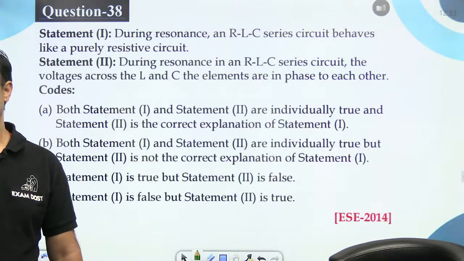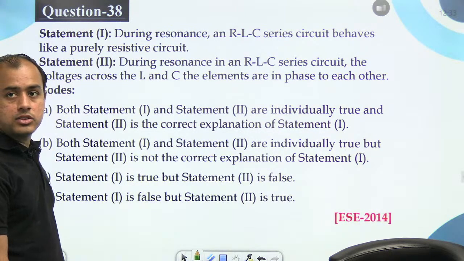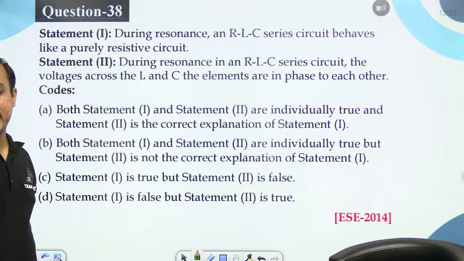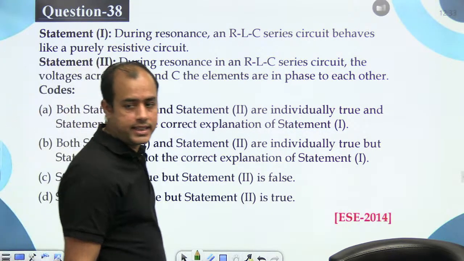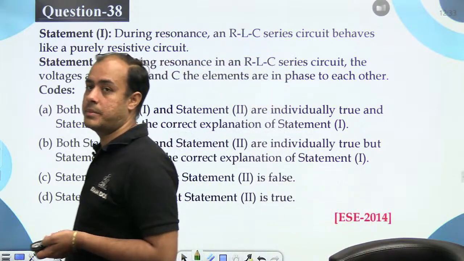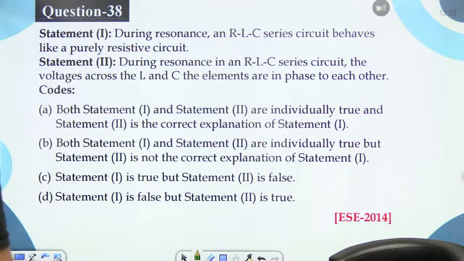C option. During resonance, a RLC circuit behaves as a purely resistive. During resonance in a RLC series circuit, the voltage across L and C are in phase with each other. What is correct?